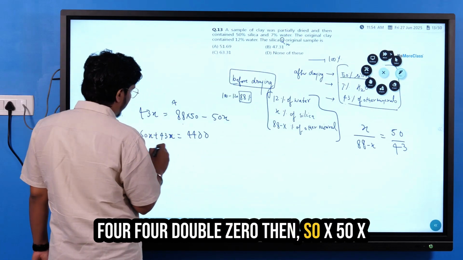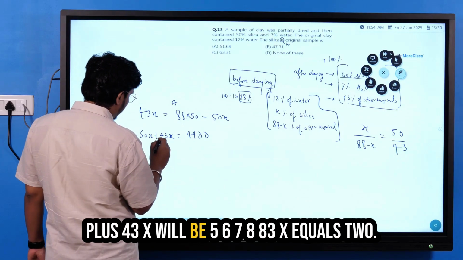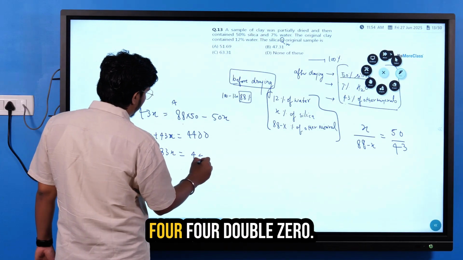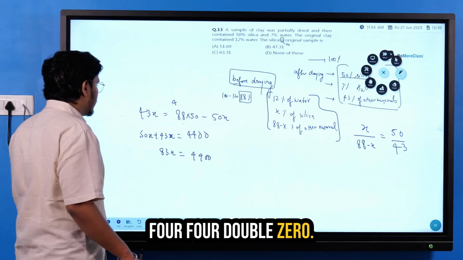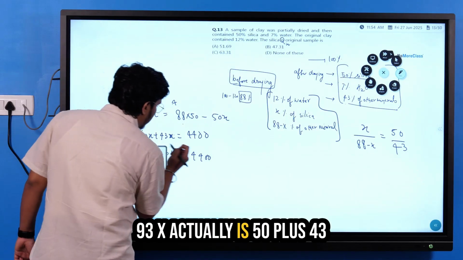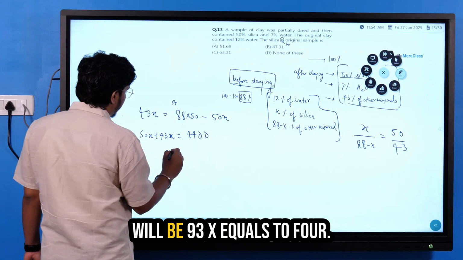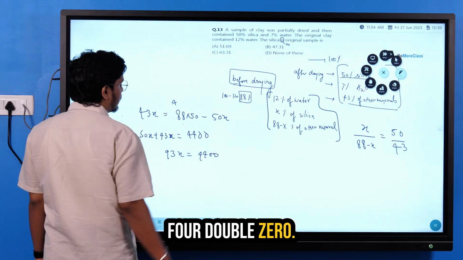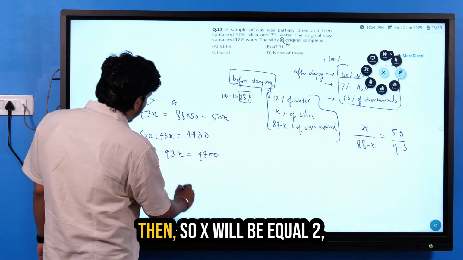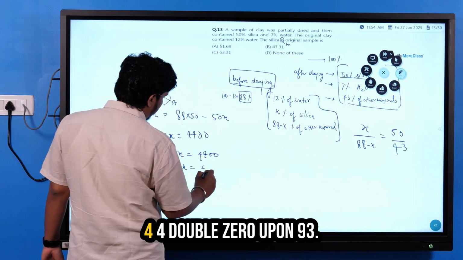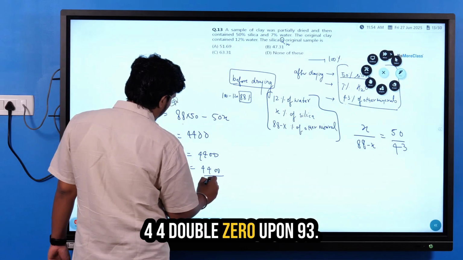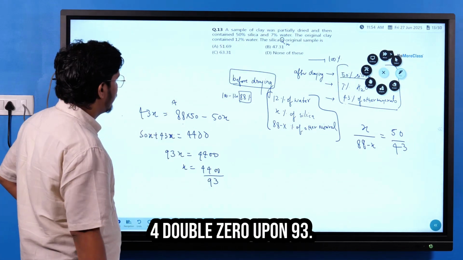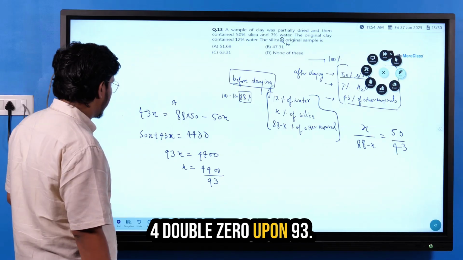Then 50 plus 43 is 93, so 93 X equals 4400. Then X will be equal to 4400 upon 93.